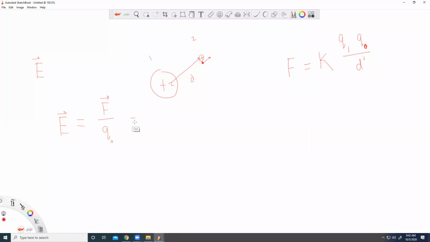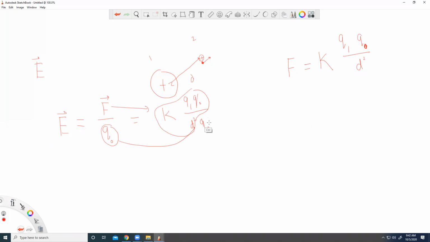Okay, so that's the force. If I plug that in here, force is K, Q1, Q naught over D squared, and I have this Q naught also for the electric field. So if I put that here, this Q naught comes from force, and that Q naught is force per unit charge, which is the electric field.